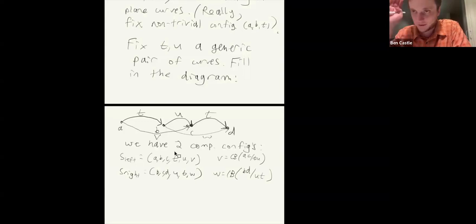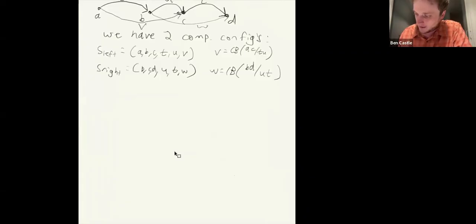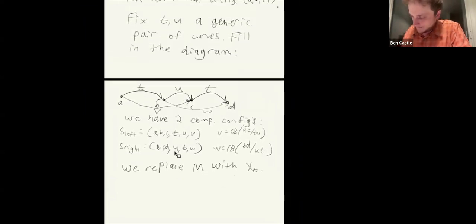Now what we want to do is a bit of a curveball here. Instead, we're now going to replace M with the T curve. Normally we think of curves as acting on M, plane curves act on M. We're no longer going to do that. We're going to think of curves as acting on XT. So replace M with XT, the T curve.